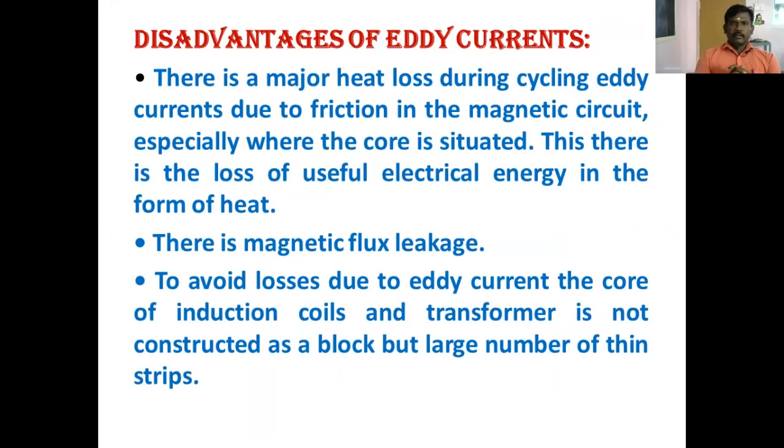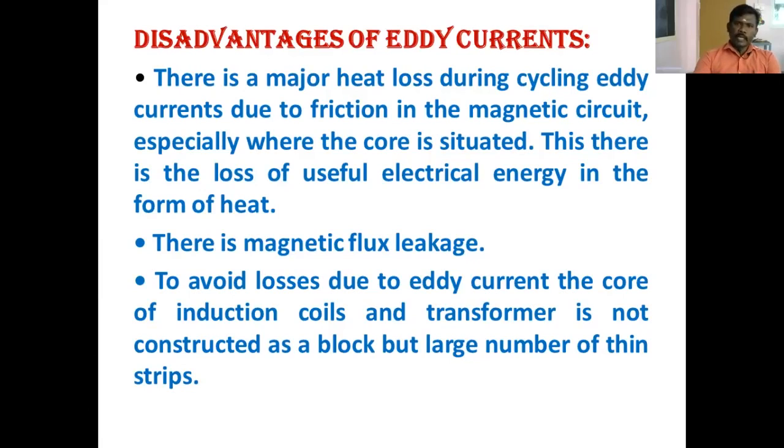When the eddy current is produced in any metal, it is due to the variation of the magnetic flux. That variation of the magnetic flux cannot be totally converted into the eddy current. Some amount of energy will be lost in the form of heat.